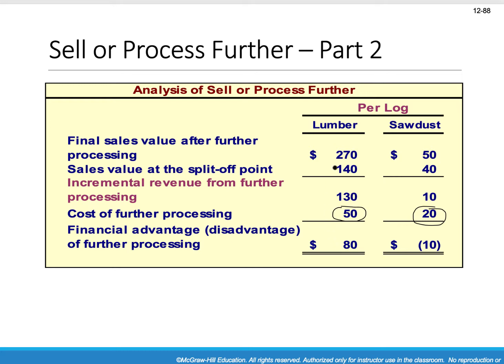Well, if we process this lumber further, we're going to get $80 more. The sawdust, if we process further into those Presto logs, we're actually losing $10. So really what we want to do here is process further the lumber, and the sawdust, we're going to sell it at that split off point.